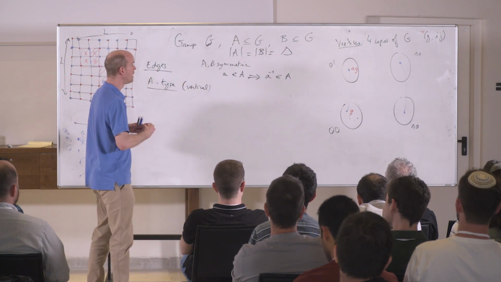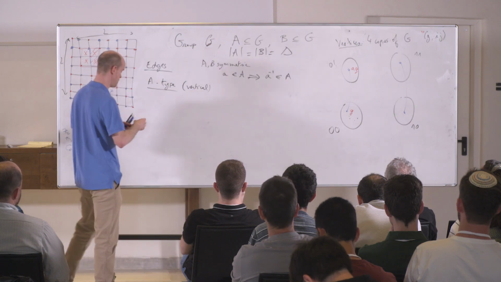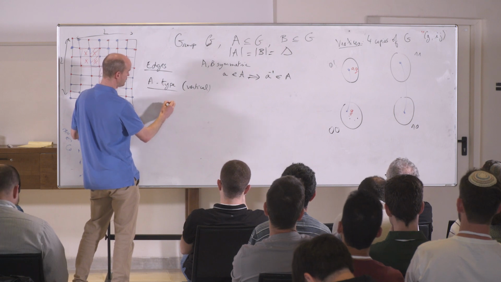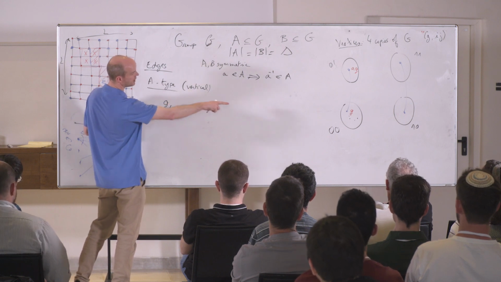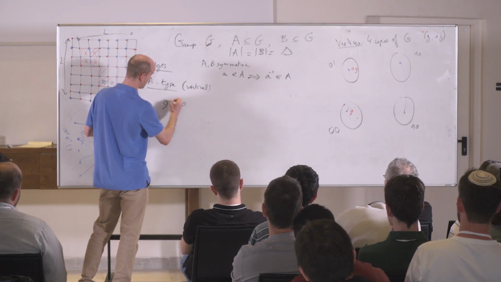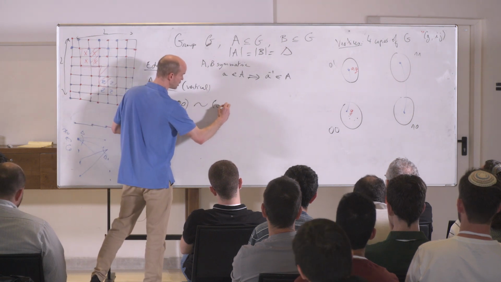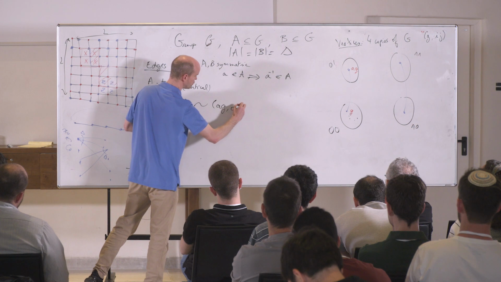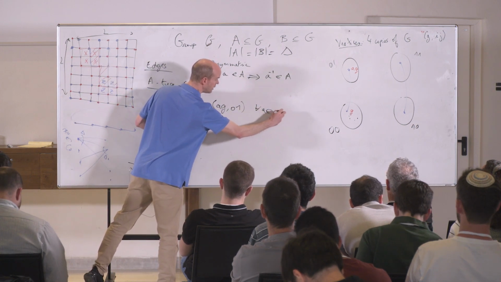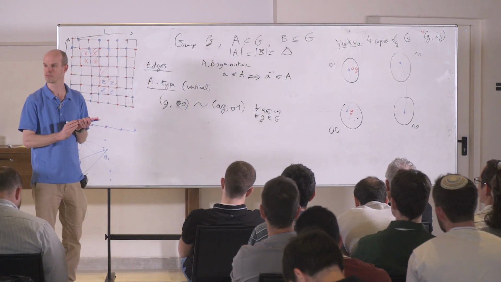So what is a in this case? a is anything that belongs to capital A. Okay, so these will always relate some g in, let's say, (g,0) to (ag,1) in 0, 1, for all a in A, and for all g in G. Okay?